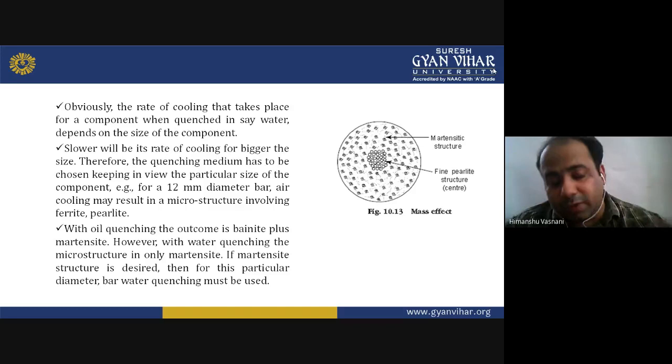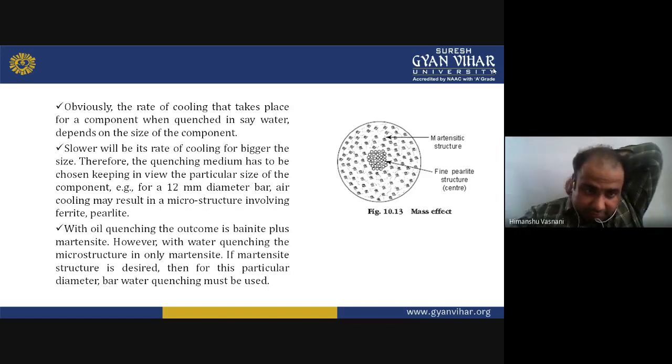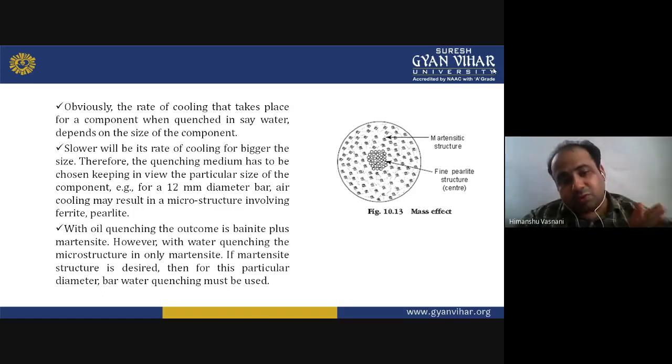For example, for a 12 mm diameter bar, air cooling may result in a microstructure of pearlite and ferrite. With oil quenching, the outcome is bainite plus martensite. However, with water quenching, the microstructure is only martensite. So, if a martensite structure is desired, then for this particular diameter bar, water quenching must be used.